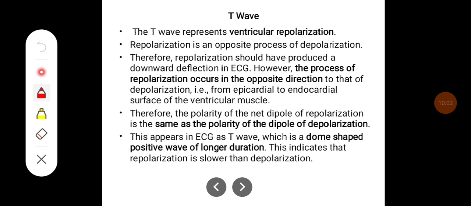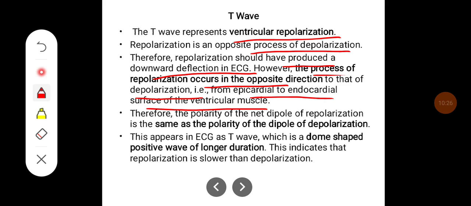The T wave represents ventricular repolarization. Repolarization is the opposite process of depolarization. Therefore, repolarization should have produced a downward deflection in the ECG. However, the process of repolarization occurs in the opposite direction to that of depolarization, that is from the epicardial to the endocardial surface of the ventricular muscle mass.